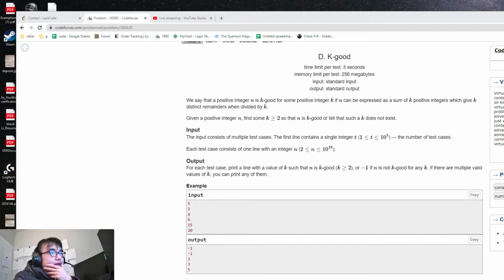So the problem translates into a really easy question. Can we write n as something like even multiplied by odd, right? And that can be done very easily.